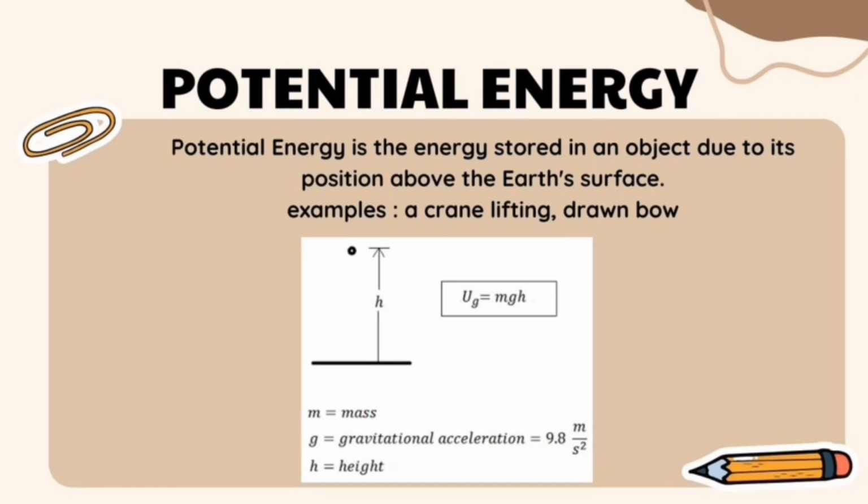So the formula for potential energy is m multiplied by g multiplied by h. m is represented as mass in kilograms, g is gravitational acceleration equal to 9.81 meters per second squared, and h is height in meters. So let's do some examples for potential energy.